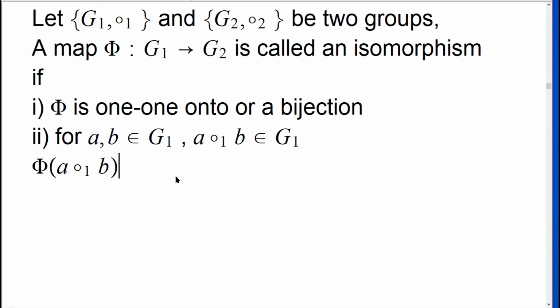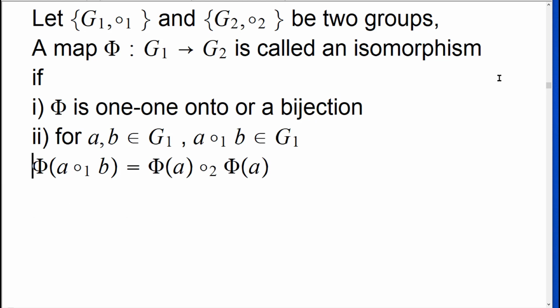Now this element would actually be the images of A and B under phi combined with the binary operation in G2. So it has to satisfy this condition.